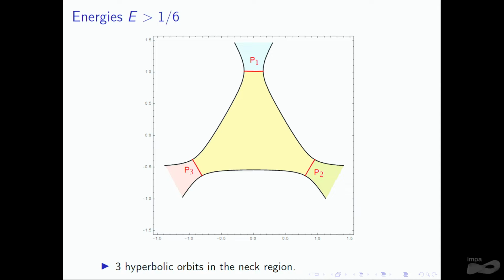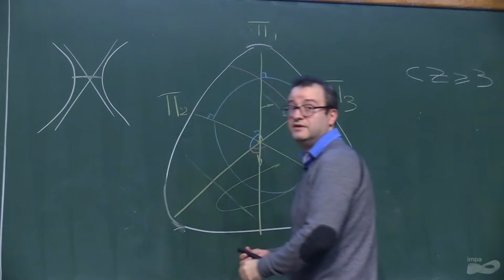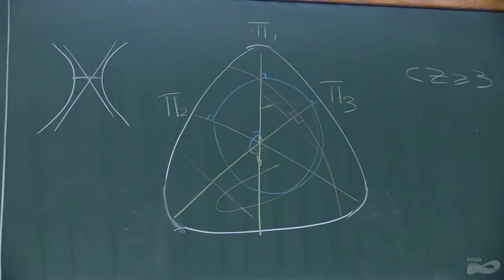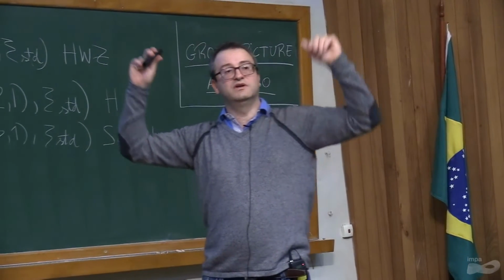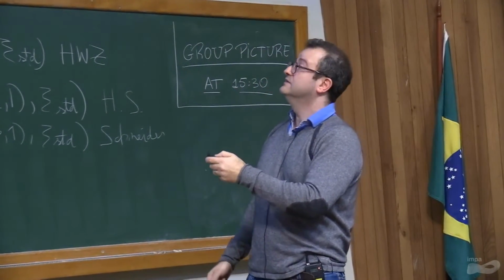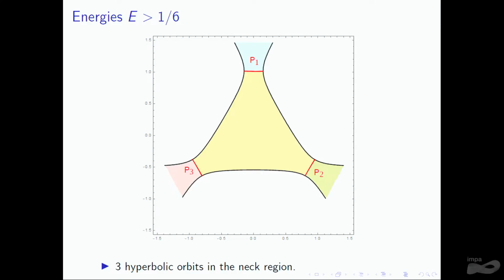So the critical level projects here, and then above it's like that. And it's known that nearby here there is an orbit which is hyperbolic. It's a theorem by Lyapunov, but for energies very close to the critical one. But it's possible to prove that for every energy above the critical value, you find this hyperbolic orbit here.